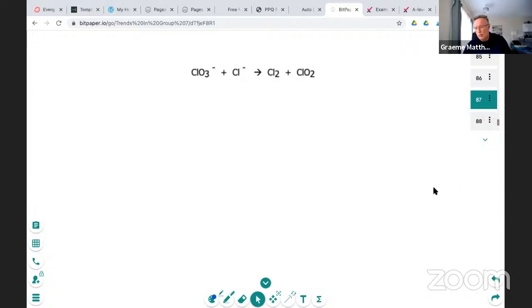The first is a standard redox reaction, a typical past paper question. Then one on a rather simple titration. And if we get time at the end, a redox titration that you probably see in year 13. Let's see how much we can get done today.